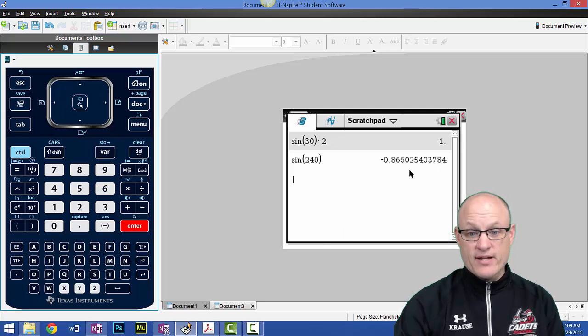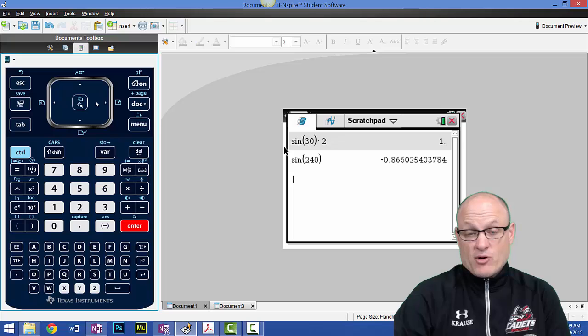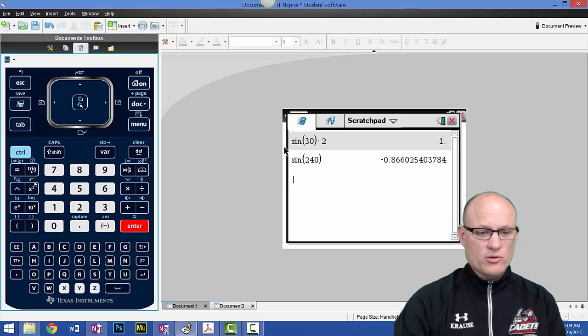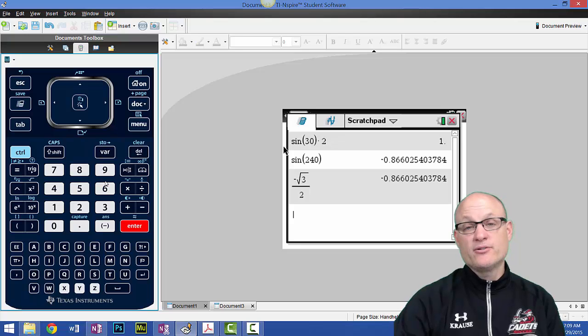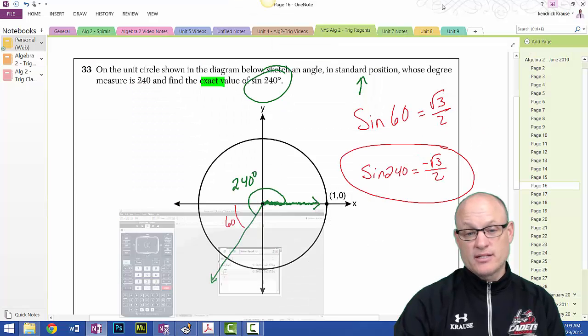Don't even try it. It's not going to work. So you need to have memorized those radicals. Now, the cool thing is I can come over here and do control division, and I can do negative square root of 3 over 2 just to see if I even got the right answer. Ah, I do. Negative radical 3 over 2. I do have the right answer.